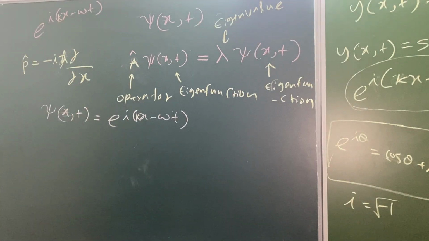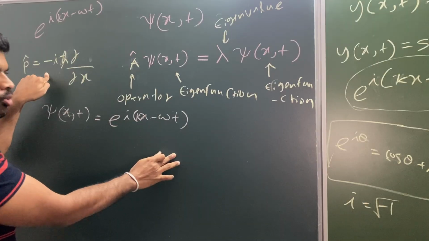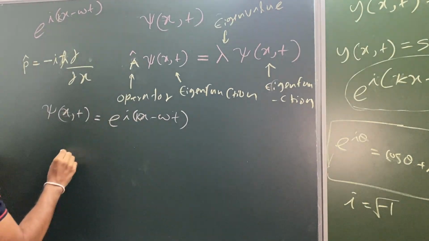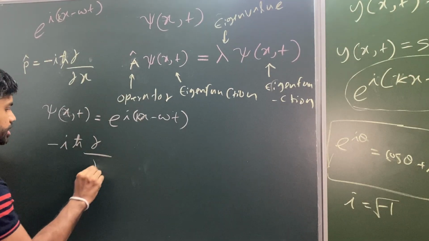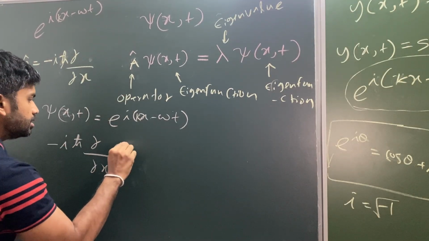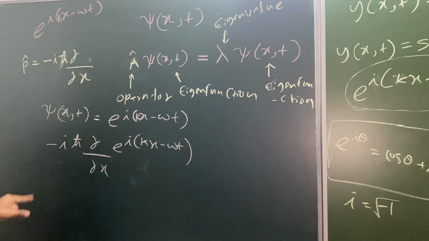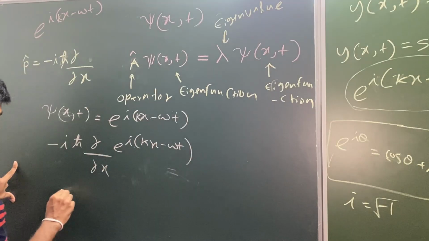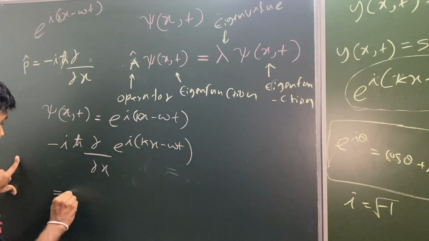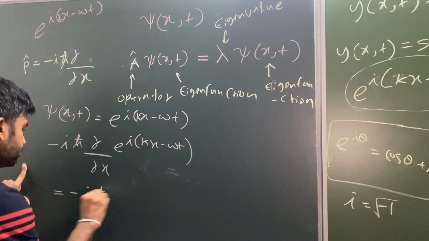Now, what if I put this operator in front of this? Let me take a moment and give it a try, right? So now minus i h bar dabba over dabba x, exponential i kx minus omega t. Let's check it out. When you simplify this one, you will definitely end up with something like this. Minus i, you can keep it as it is, and h bar, you can keep it as it is.